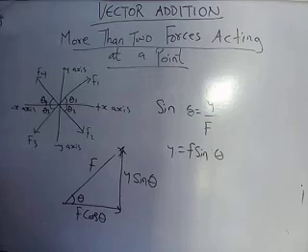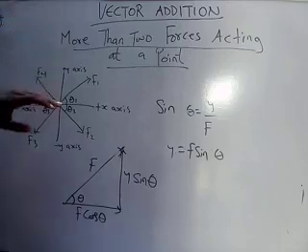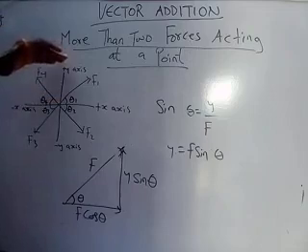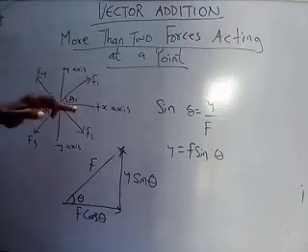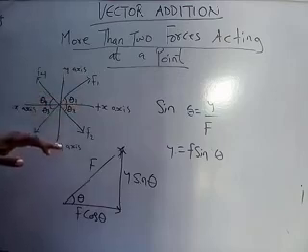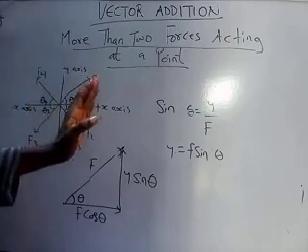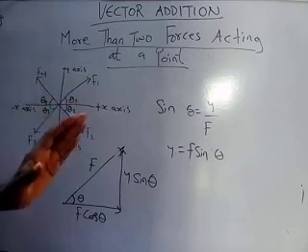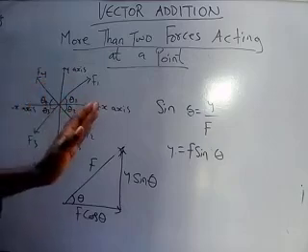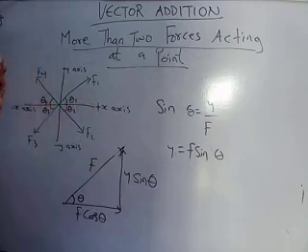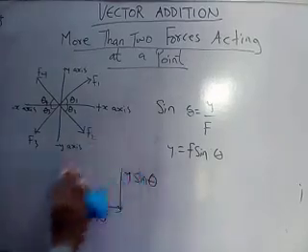Knowing also that from here is positive and from this is vertical negative. To our right-hand side, X is positive, and to this side, X is negative. Understand?